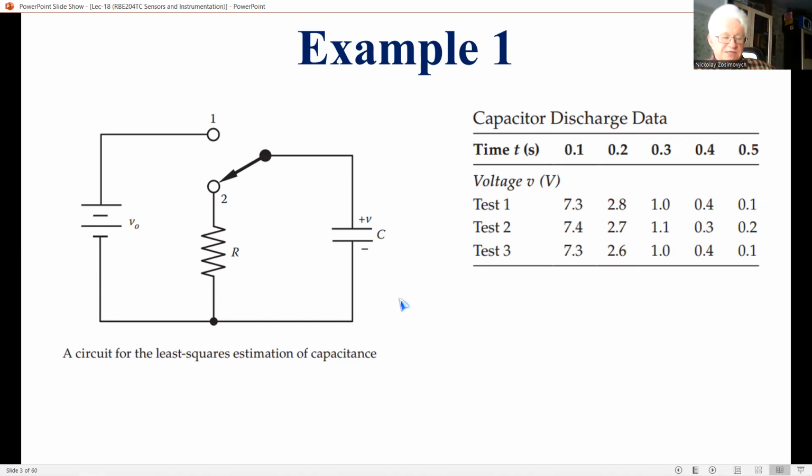If the resistance is accurately known to be 1000 ohms, estimate the capacitance C in microfarad and the source voltage V0 in volts.